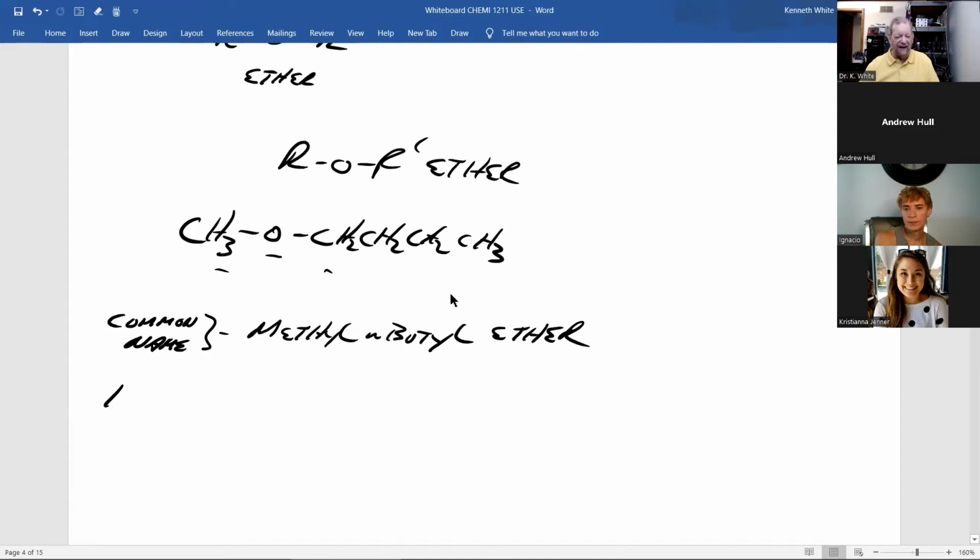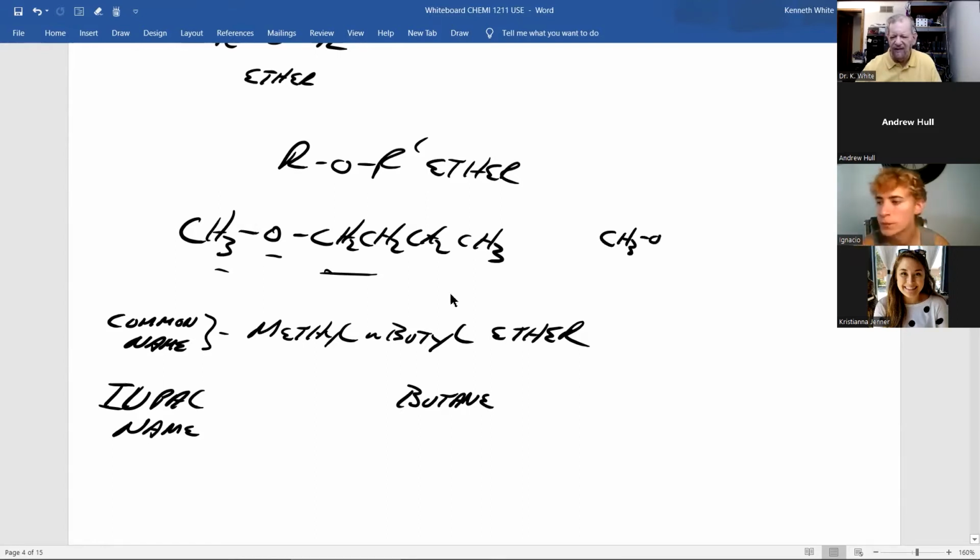The IUPAC name, the longest chain is 4, so it's butane. This, and you don't have to know this for my class, but I'm just showing you, that's called the methoxy group, alkoxy.